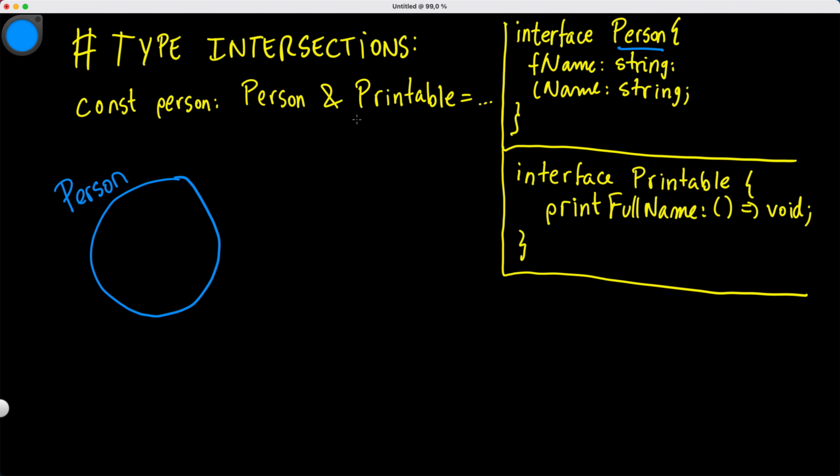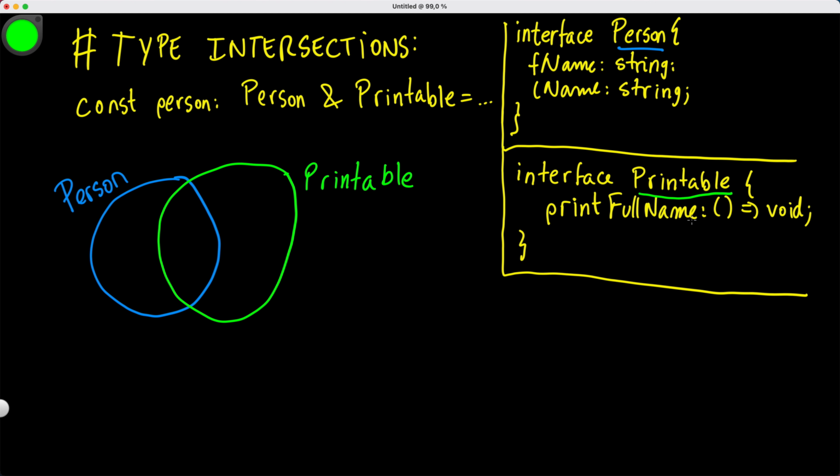And then we also have the universe of the Printable, all the objects that comply with the interface Printable. That means that they have a method called printFullName, which receives no parameters and returns nothing, right? So we have these two universes.